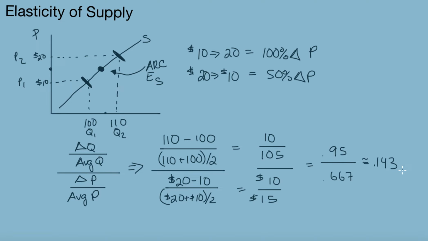Okay, 1.43%. Overall, the elasticity of supply is very, very similar to the elasticity of demand. Obviously, different sides of the market, but overall, we see a lot of similarities in the price elasticity of demand. Obviously, not the income elasticity of demand or cross price elasticity of demand.